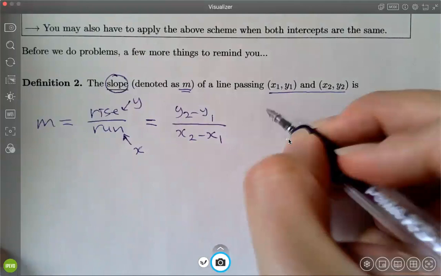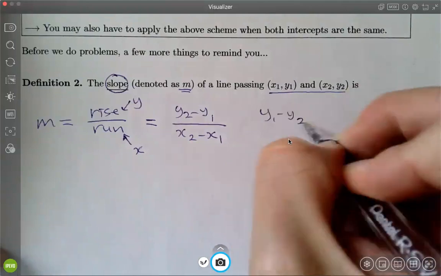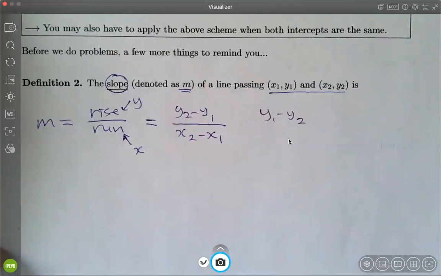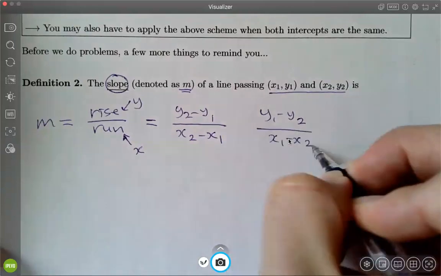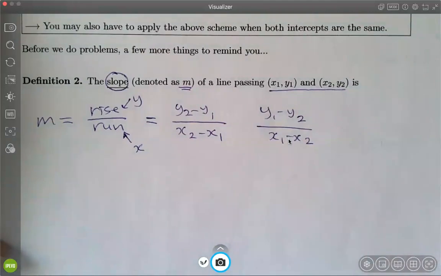Now, can we swap y1 and y2, in other words, into y1 minus y2? And if so, can we swap x1 and x2? And if so, are these 2 fractions the same? The answer is, unfortunately, yes. The order of subtraction does not matter. You can do y2 minus y1 or y1 minus y2, either way.